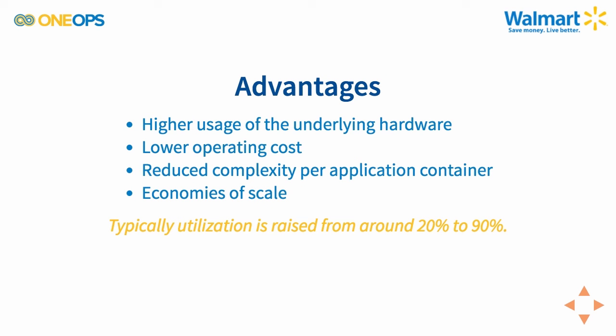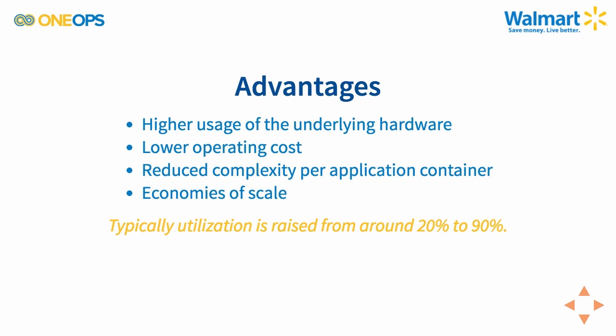So with this usage of a cloud and a cloud application with such an architecture, what advantages do we get? Well, typically you get much higher usage of the underlying hardware at a lower operating cost. Each individual application container is also much less complex and can be easily understood, replaced and managed.